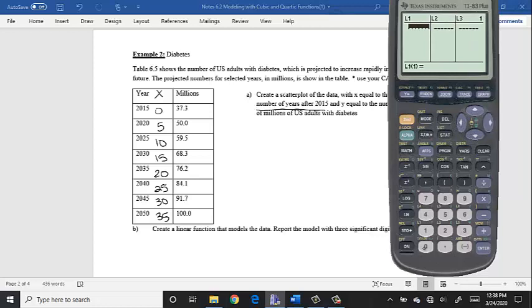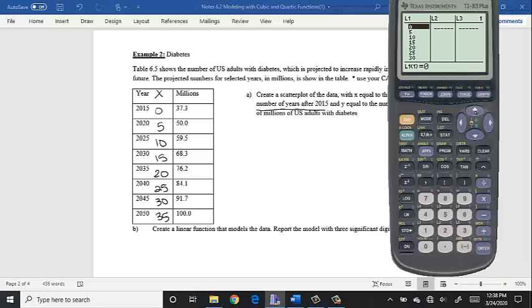Okay, so let's put in our aligned data. So we've got 0, 5, 10, 15, 20, 25, 30, and 35. I'm going to take just a second to verify my data.